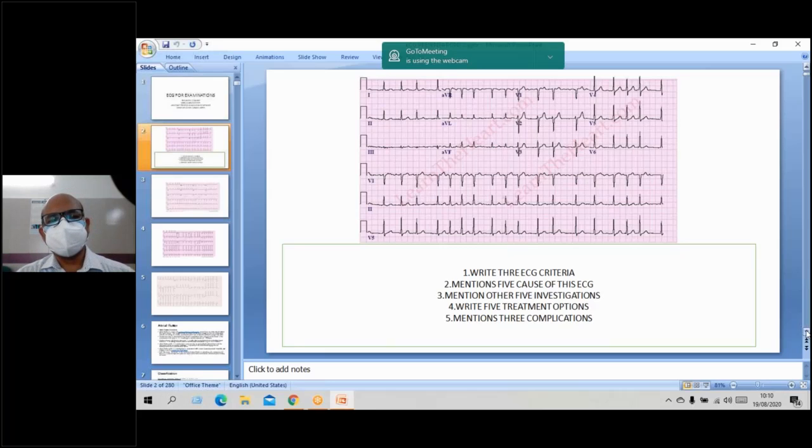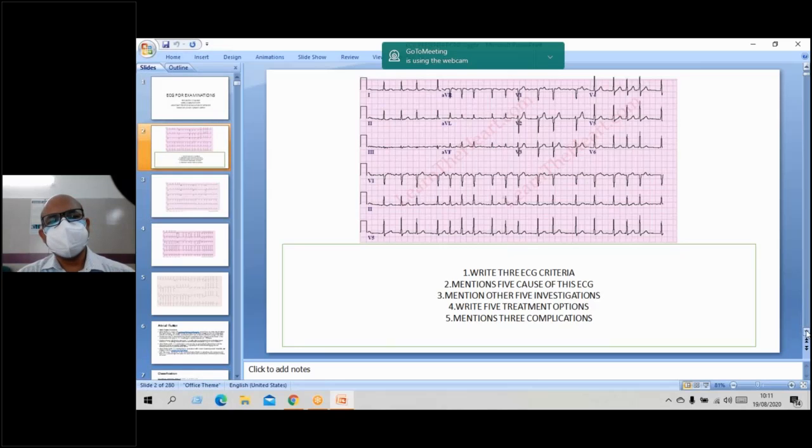What are the signs you will get during examination of this patient? Investigation: mention 5 important investigations to reach your diagnosis as well as exclude your differential diagnosis. What are the principles of treatment of this ECG, and what are the complications of this ECG?